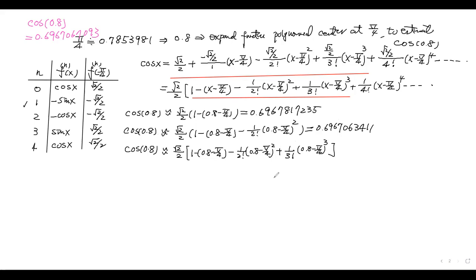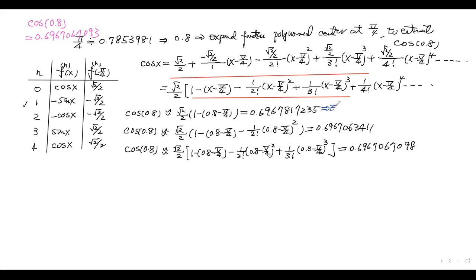Okay, so now let's see here. So this number is 0.6967 and so on, 0.098. Wow.